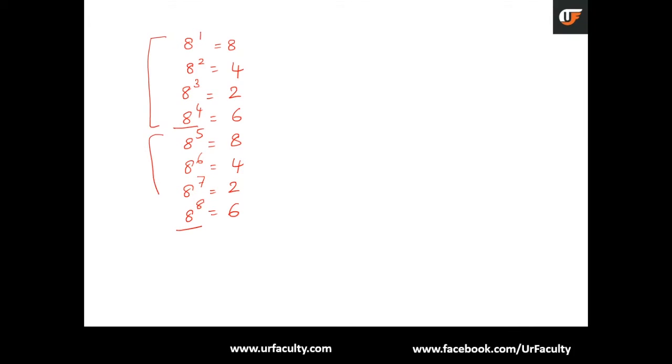So what happens when a question is given, 258 to the power of 789? We know that we just need to ignore these two numbers, so we are left with 8 to the power of 789.